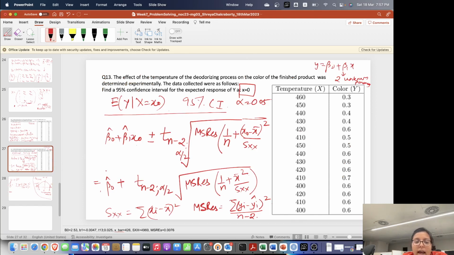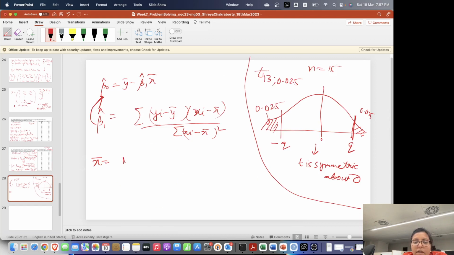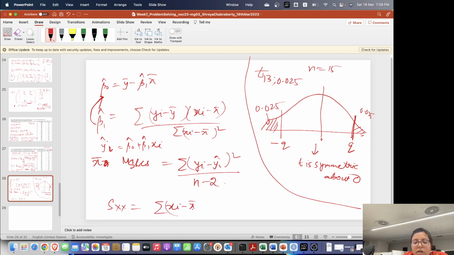Okay, and MS residual: once we get beta naught hat and beta 1 hat, yi hat will be beta naught hat plus beta 1 hat xi. We will calculate MS residuals, which will be summation yi minus yi hat whole square divided by n minus 2, and Sxx will be summation xi minus x bar whole square.